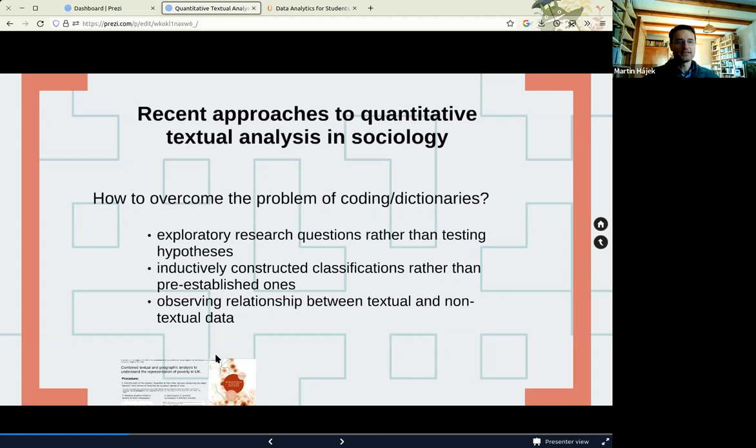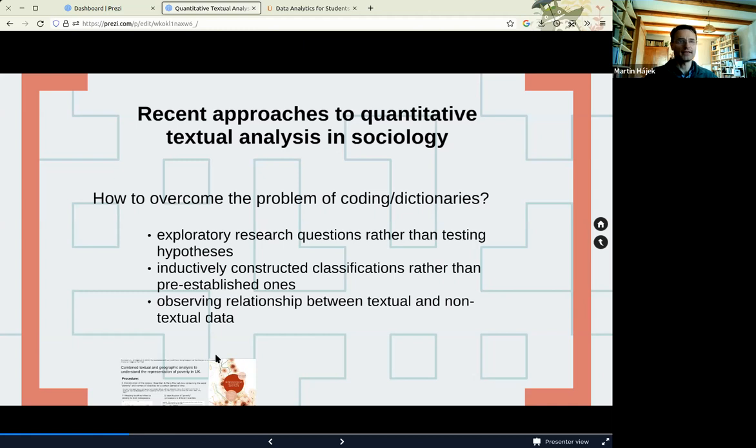And recently there are attempts to overcome the problem of this coding dictionary approach, and there are three ways to do it. The first is not to test hypotheses.